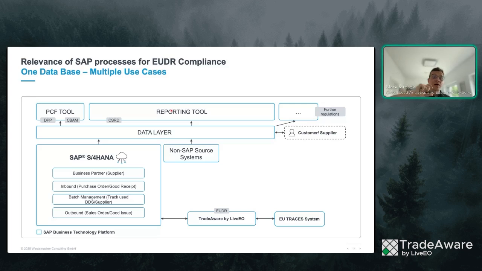And of course, there it would make a lot of sense to have this one common integrated data foundation where you could pick from HR data, sustainability data, governance data, all of this available in a proven data layer. And for sure, there are more regulations coming up your way.